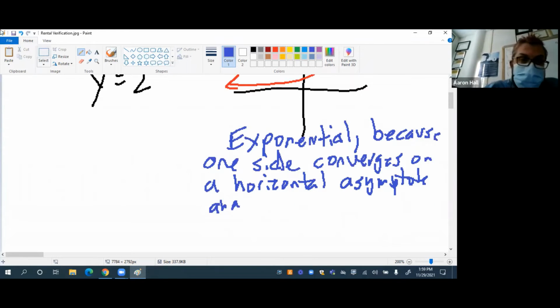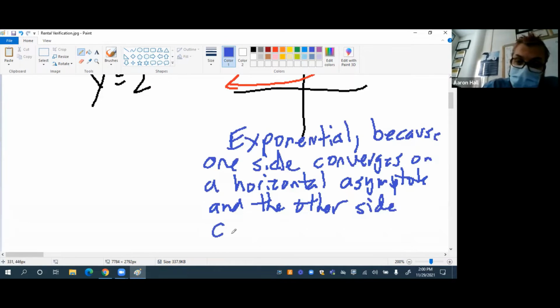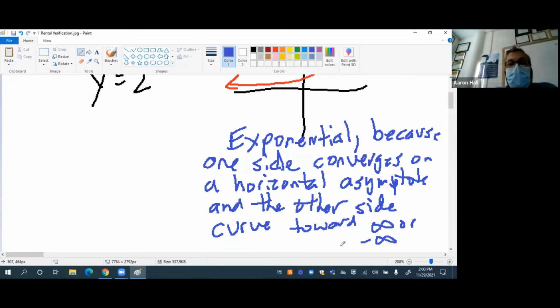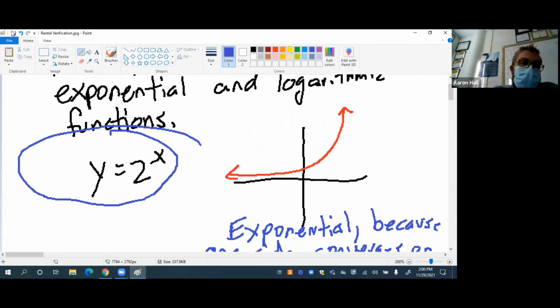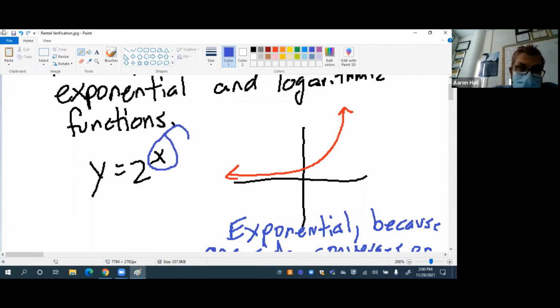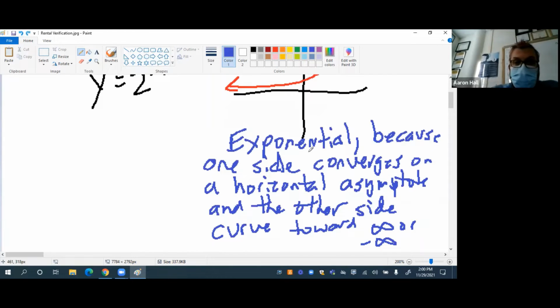And the other side curves toward infinity or negative infinity. And then we know that the equation is exponential because the variable is in the exponent.